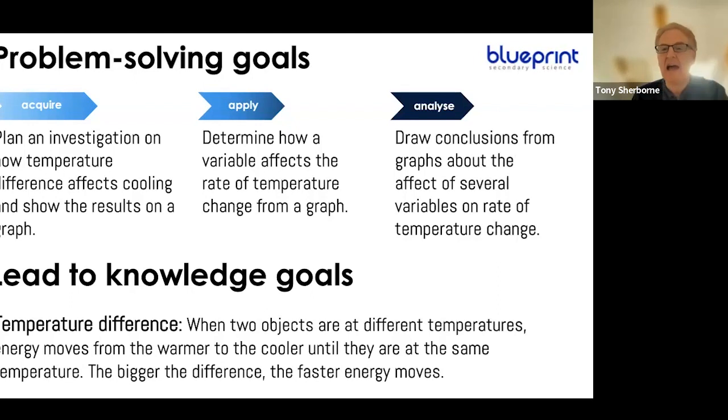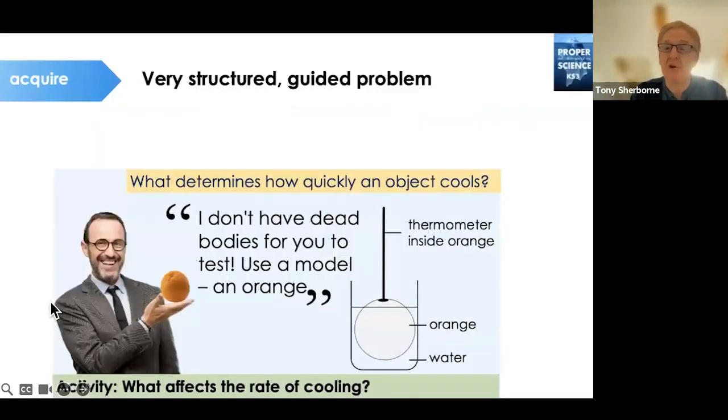And then they go to the analyze stage and have to draw conclusions from many sources of information. So this is the mix, right? Knowledge and problem-solving goals. And we want to involve students in the process of doing both. So roughly speaking, this is how it works in our course. And this is our interpretation of Manu Kapur's research.